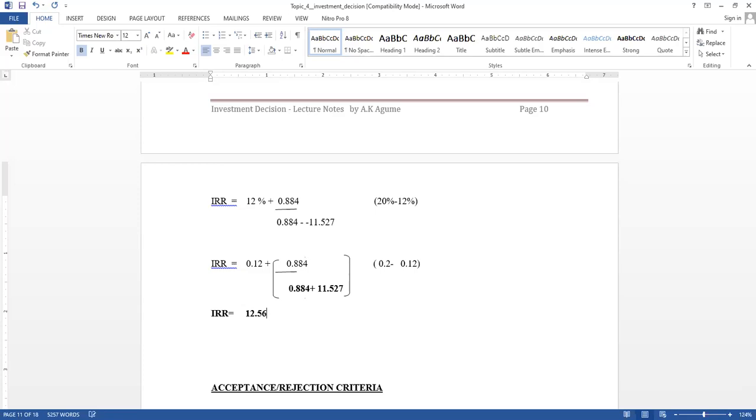Rounded off to the nearest, it becomes 12.57. So 12.6%. Correct. So that is my internal rate of return.